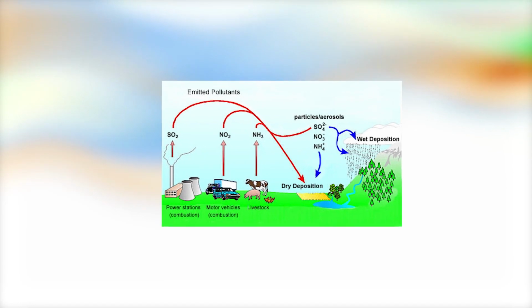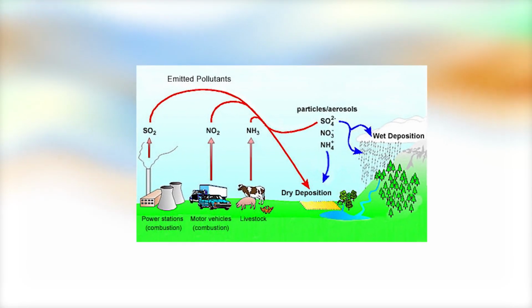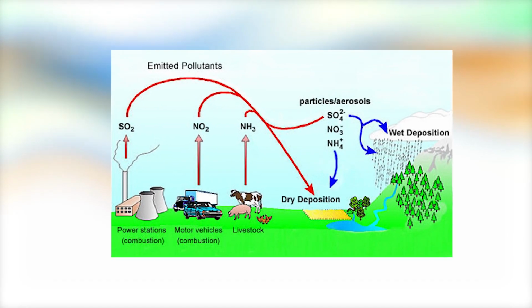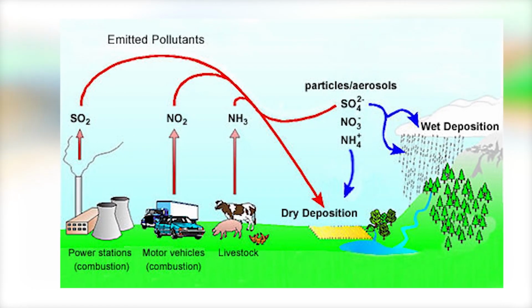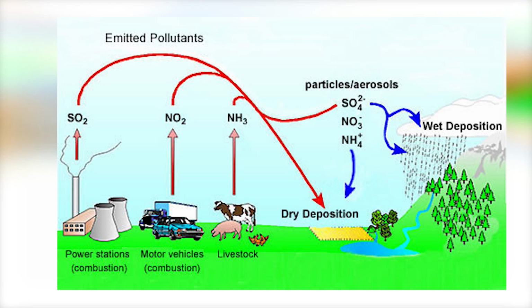In dry deposition, acidic particles and gases can also deposit from the atmosphere in the absence of moisture. They may deposit onto surfaces like water bodies, vegetation and buildings. They may also react during atmospheric transport to form larger particles that can be harmful to human health.